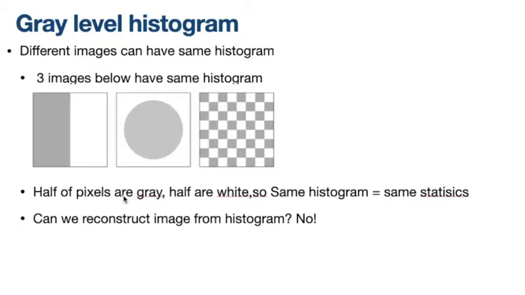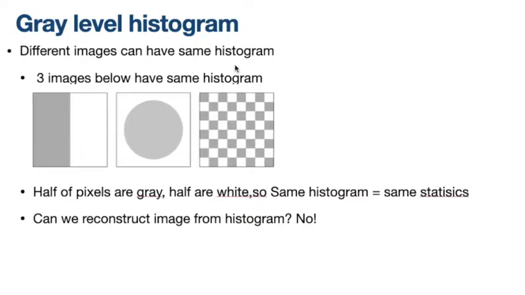And different images can have the same histogram. For example, if you see these images, you can see in the first image half of the pixels will be white and the other half is gray. Similarly, in this figure also, about half of the pixels are gray and the other half is white, and in this image also the same.